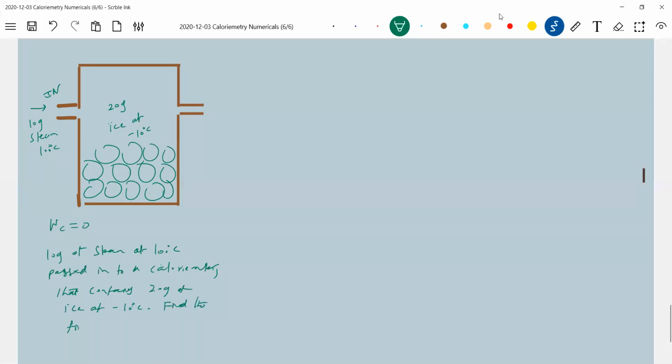Find the final temperature of the calorimeter. Okay, now I can mix steam with ice.